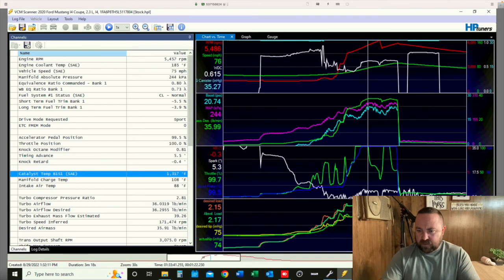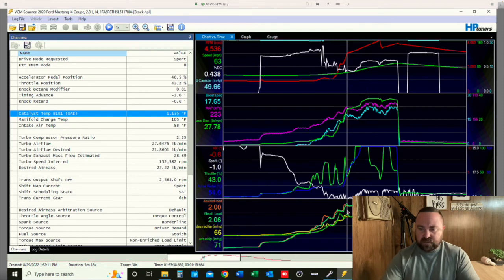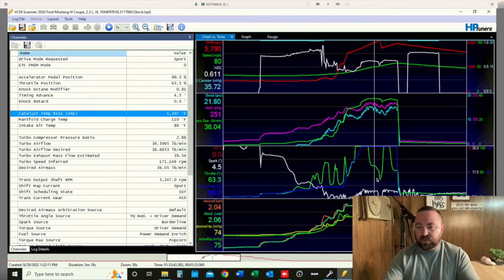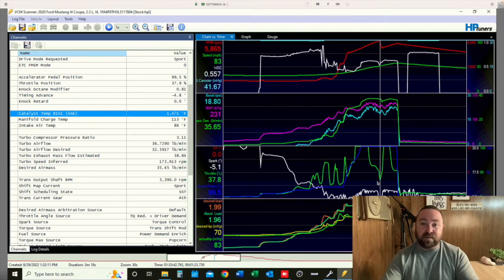And here's another thing that you need to look for, what we touched on earlier. Every single time that our desired tip and desired air load and desired torque for that matter is underneath our actual tip or load or torque delivered, you're going to see that throttle blade doing some wonky things. It's going to close, and in this case it closed down to like 37%, so that's just barely pinched open.